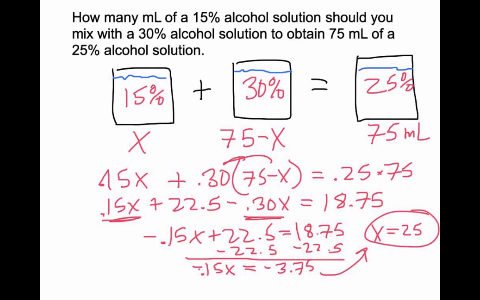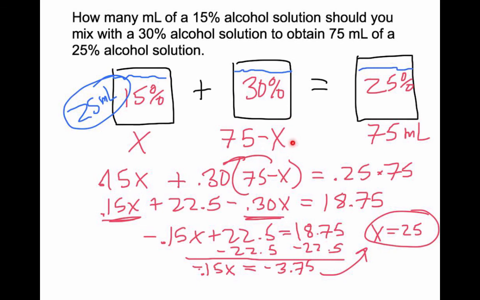So those were my steps: solving equations, combining like terms, moving things around. I got my variable x equal to 25. Let's go back and see what I called x. Up top, x was the volume of the 15%. So I would need 25 milliliters of the 15%, which means what would I need of this final piece?